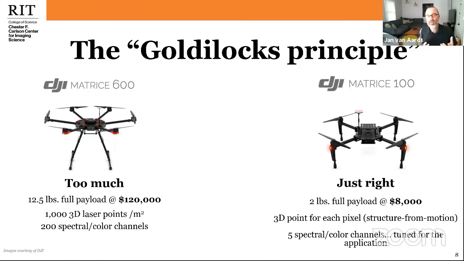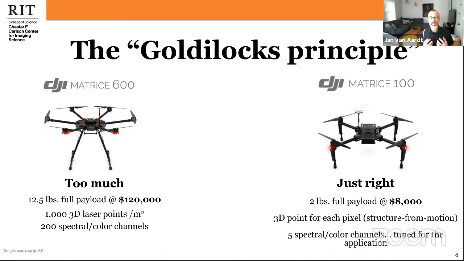So that's why I call this the Goldilocks principle. We go from a very expensive platform. Our most expensive drone, if you mount the shortwave infrared camera and the thermal camera, for instance, tops out at about $250,000 US. It's very expensive. But no farmer wants to fly a $250,000 drone.